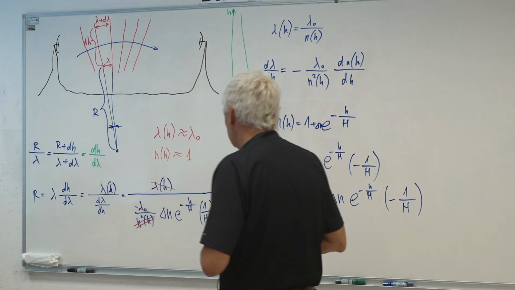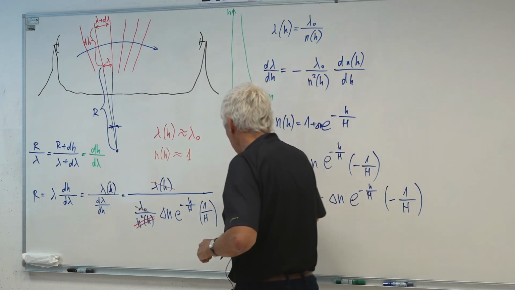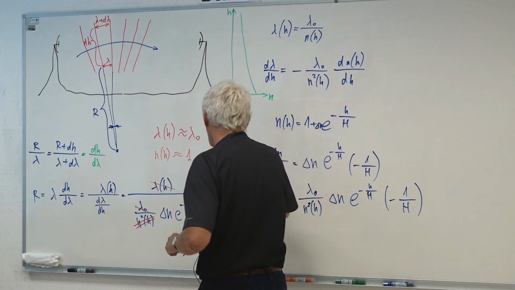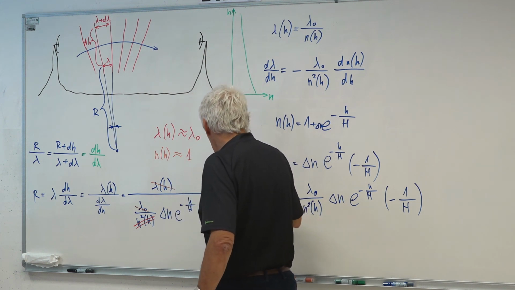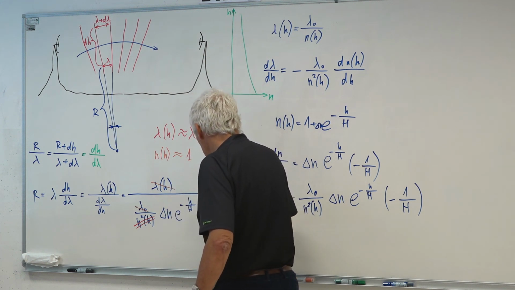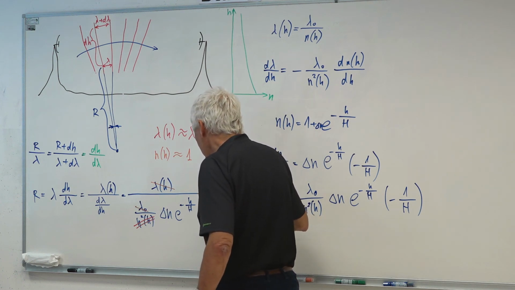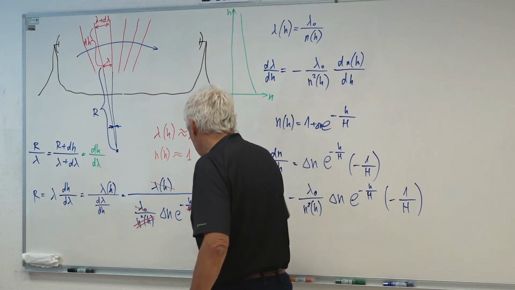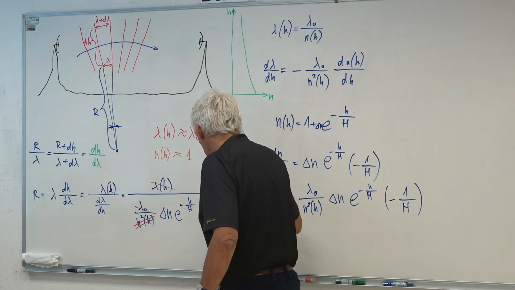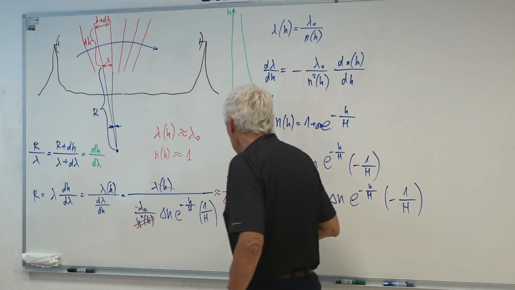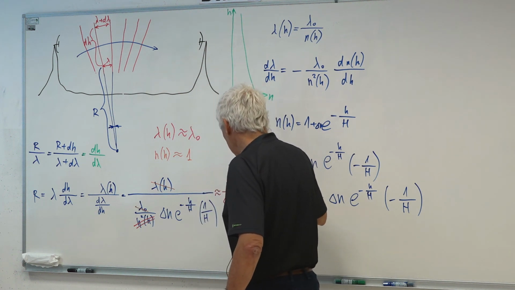What I'm now left with, I can write it here, an approximate equation, because I made approximations now. This is a double fraction, so h is in the numerator. In the denominator, I have delta n. I'm left with delta n in the denominator. And I have here an exponent function.